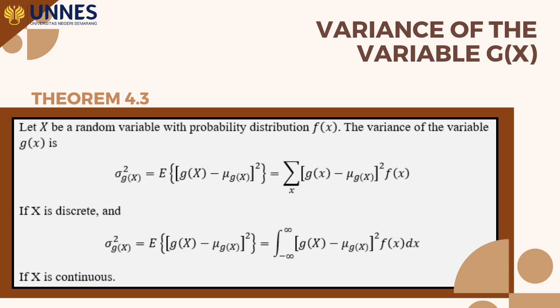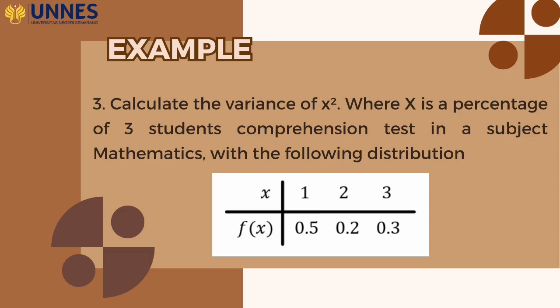Okay, so to understand this theorem, we have an example question. Calculate the variance of g(X), where X is the percentage of 3 students' comprehension test in the subject mathematics, with the following distribution.